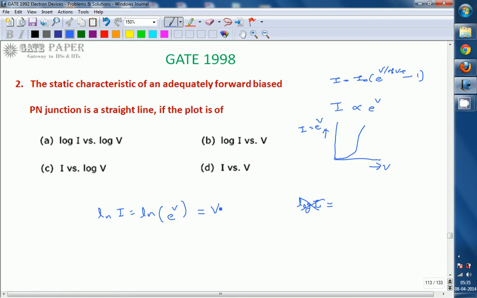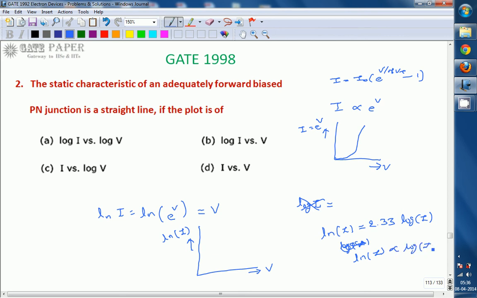So if you take the natural logarithm of I, it is going to be proportional to V. The characteristic should be taken with the x-axis as voltage and the y-axis as the natural logarithm of I. But here the natural logarithm is not given, and the natural logarithm of any value can be written as 2.3 times log I base 10.